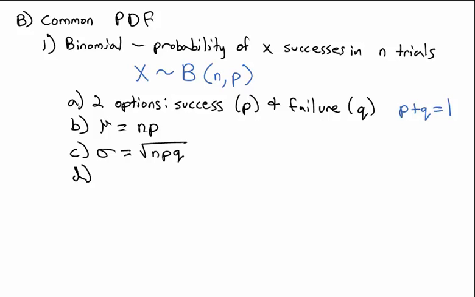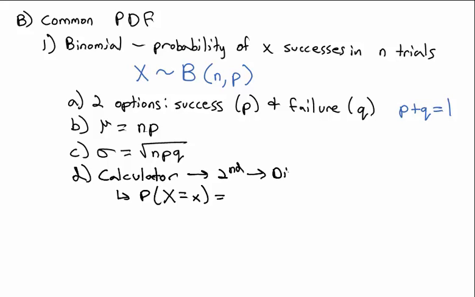And what's nice is we can do this on the calculator to calculate probabilities. If we want the probability that X is equal to some lowercase x value, on the calculator, we will use the second button and then the distribution function button.